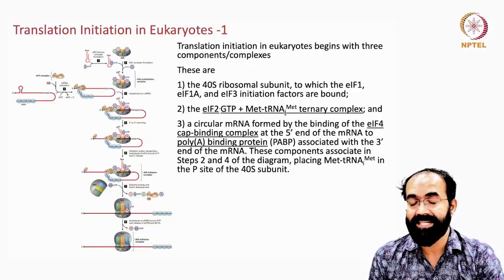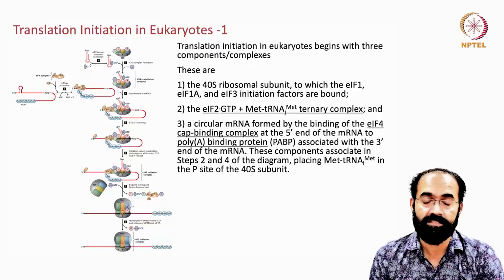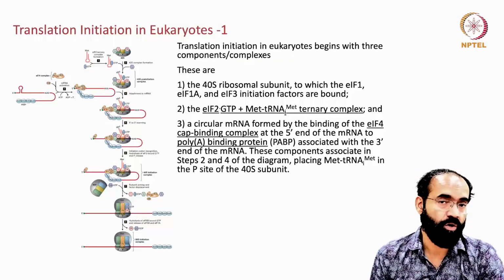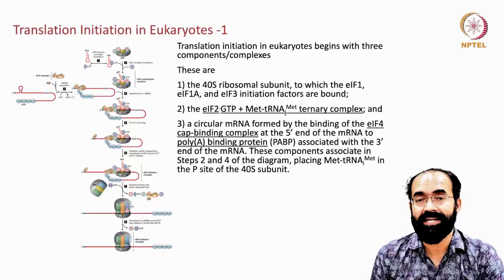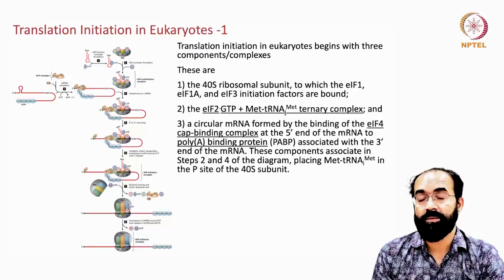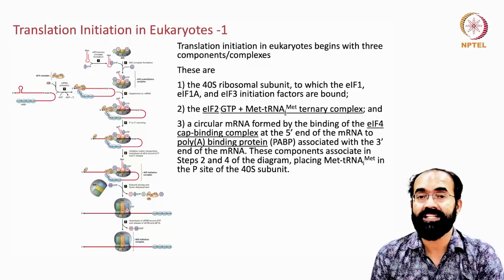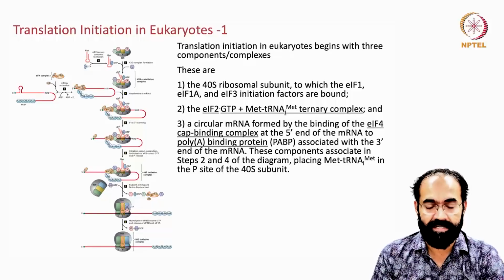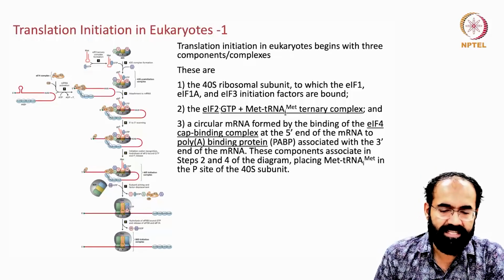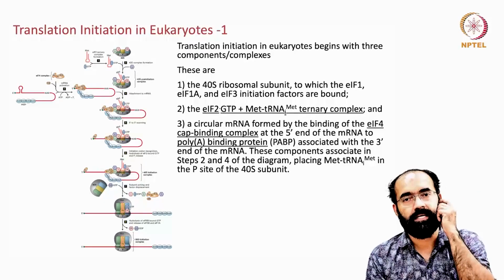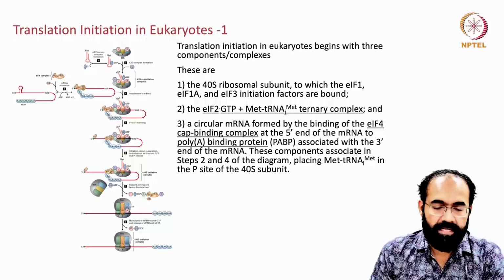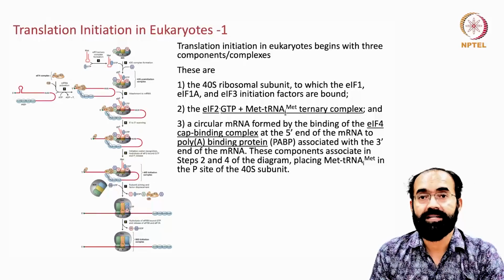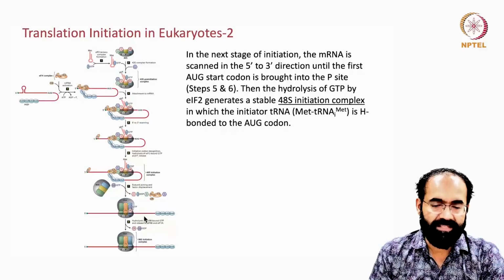The P site is lying empty, which won't be the case in subsequent steps, because the previously entered tRNA will be there in the P site. As you can see here, the RNA forms a circular shape, and the methionine tRNA directly enters into the P site.